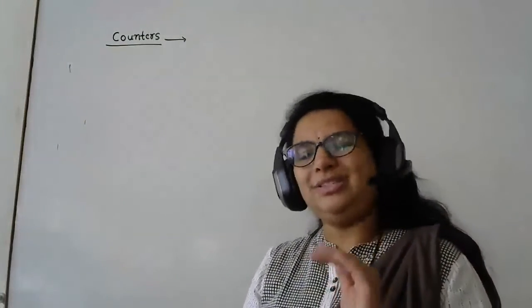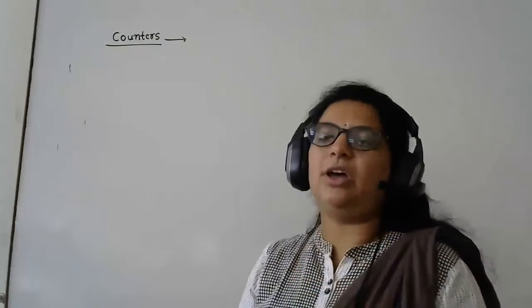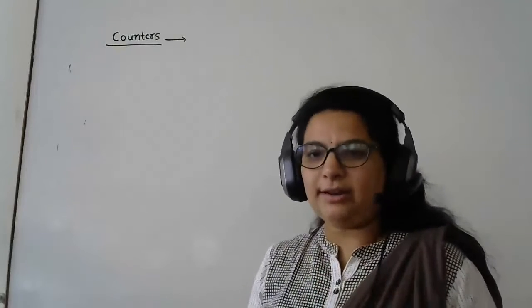So now, what do you mean by a counter? A counter is another class of registers, or another example of a register. Now, when I call a register a counter, a counter is again a register, right?